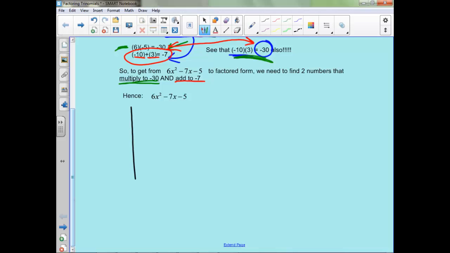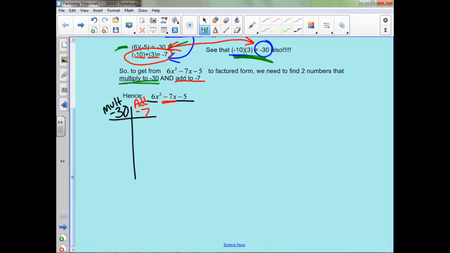So let's start by just making a little chart. We want to multiply to negative 30, because 6 times negative 5 is negative 30. But we want to add to negative 7 because of this middle number here.